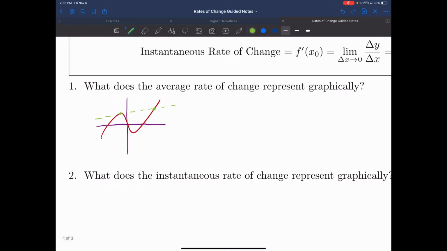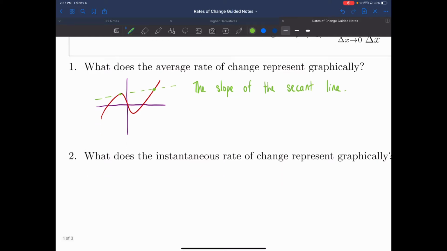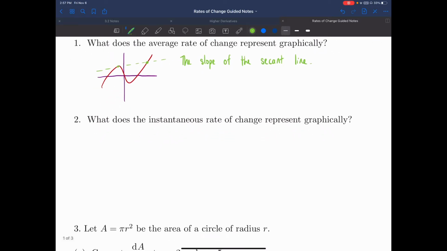That is the average rate of change, and graphically, what does it represent? It's the slope of the secant line. Okay, so that was from last year.